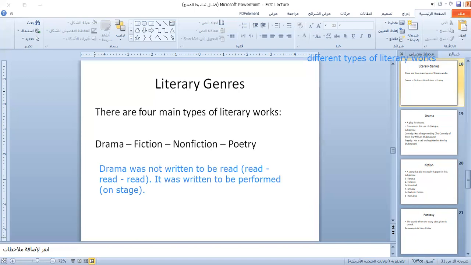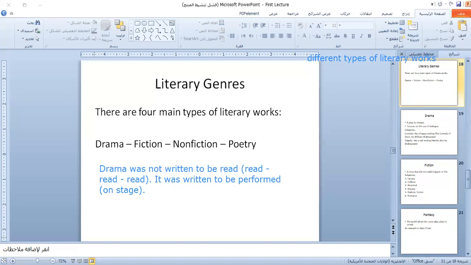Now, when we talk about poems, the main feature is that it's written in lines and it depends heavily on sounds, and poetry is like emotions put forward.